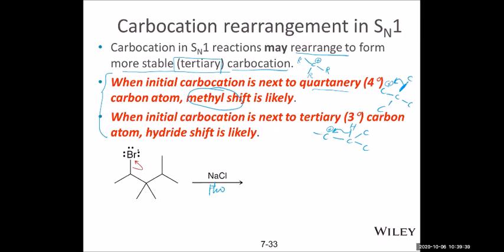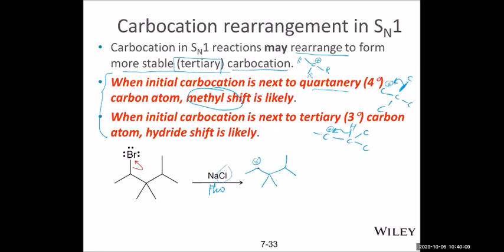The first step: notice the bromide, and this is a secondary carbon. So the reaction is not an SN2 reaction, and the main reason is that chloride is not a strong nucleophile. And so the first step forms a carbocation. The leaving group bromide leaves, and you have a carbocation.